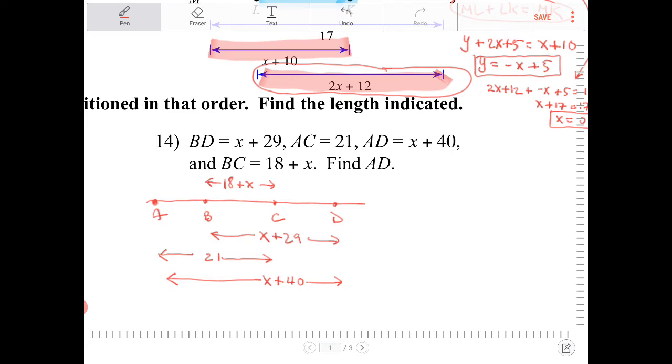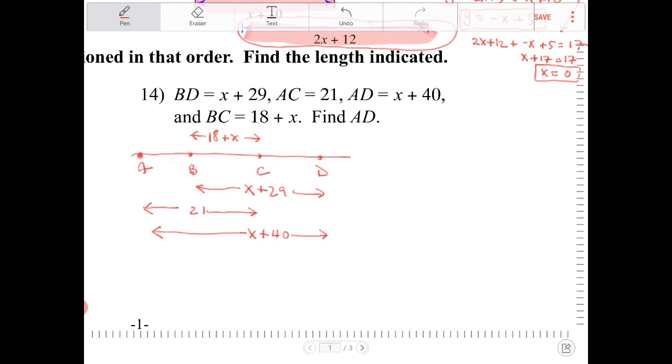So this is actually very, very similar to the last problem. If you look at this, I immediately see that we need to find out what AB is first in terms of x. So I know that AB plus BC is equal to AC. I don't know what AB is, so I'll just continue calling it AB. Plus BC is 18 plus x, and AC is equal to 21.